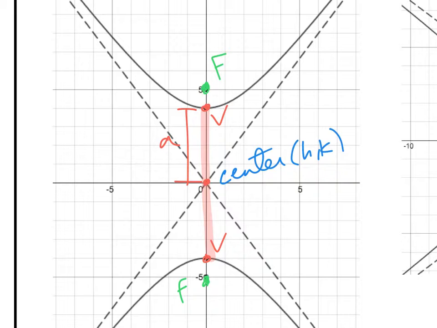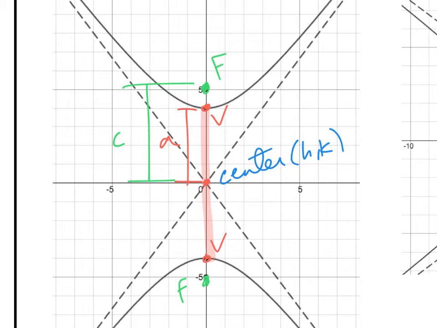The distance between the two vertices, if you half that, that would be A. So it's kind of still the same as ellipse, right? You have the two vertices, the distance between them is 2A, so half of that is just A. B is very hard to find, so I'm going to skip that for now. C is this distance, still the center to the focus.